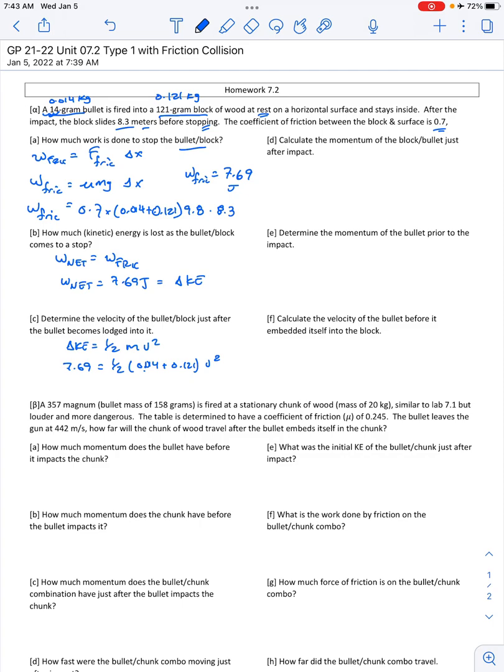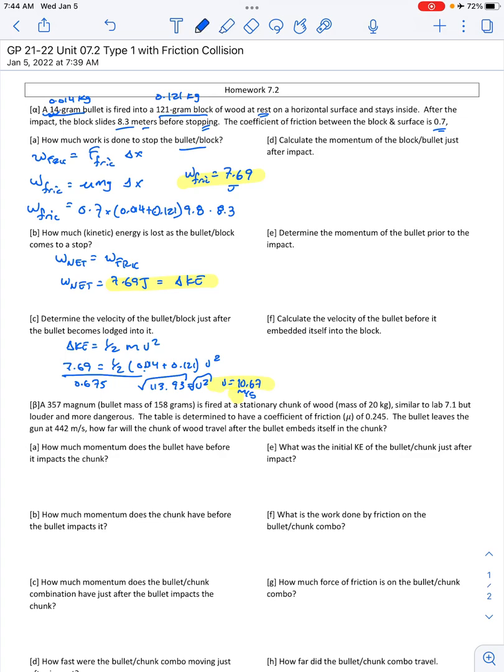So 0.014 plus 0.121, that's 0.135 times 0.5. So we're going to divide all of this stuff by 0.675. So 7.69 divided by that, we get 113.93 equals v squared. Square root that, v equals 10.67 meters per second. Oops, sorry, I haven't been highlighting answers.